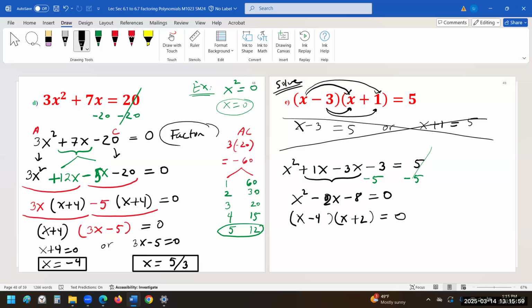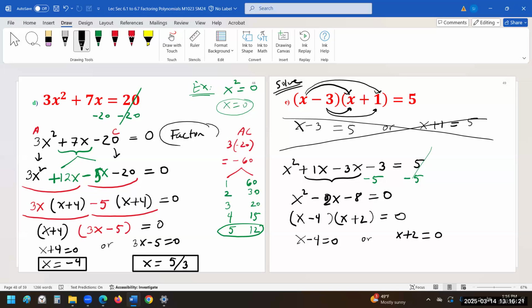So we distributed, we brought 5 from right to the left, we factored, and we are done with factoring. Now we go for solving. How do you solve? Set each of them individually to be 0. One of them definitely is 0.